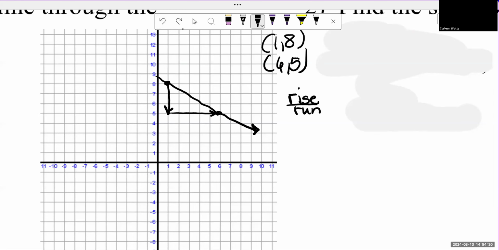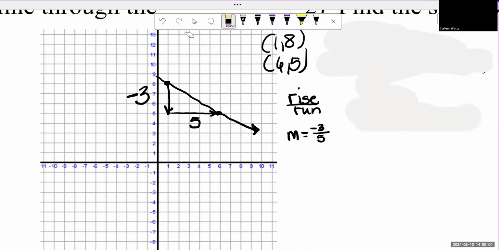To go from left to right, one point to the other point, I went down 3 and I moved in a positive direction forward 5. Down 3, forward 5. So we say the slope, M for how did it move, is -3 over 5.